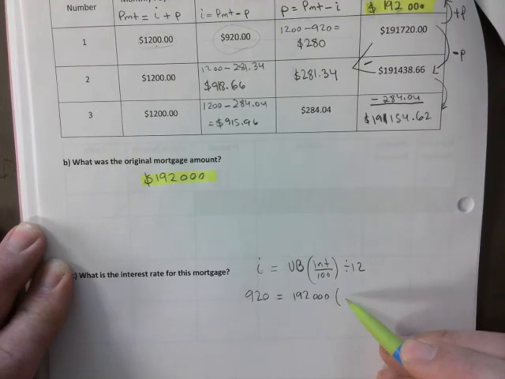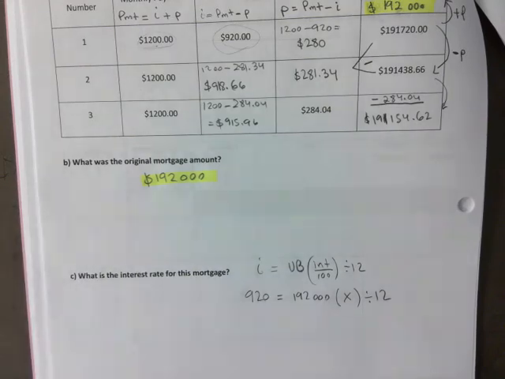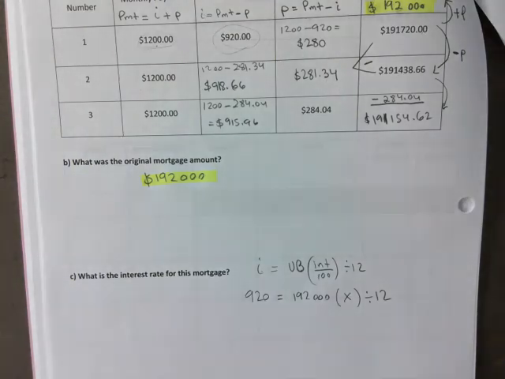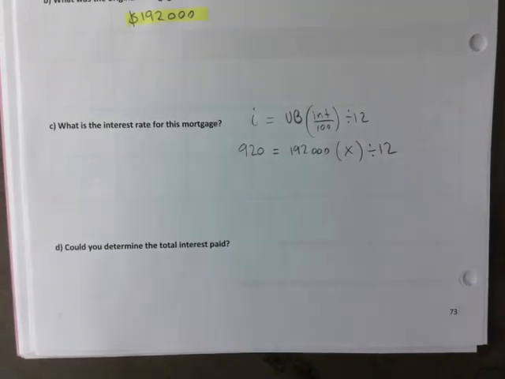The interest rate is to be determined, just call that X, and all of that is divided by 12. And here's where you do algebra. You undo what's around X slowly.